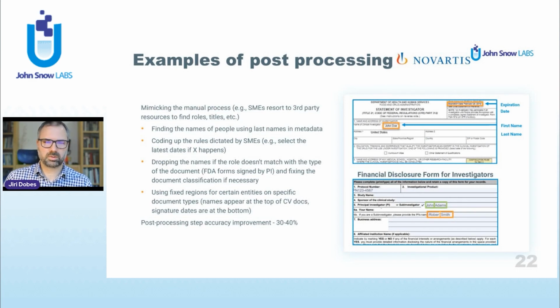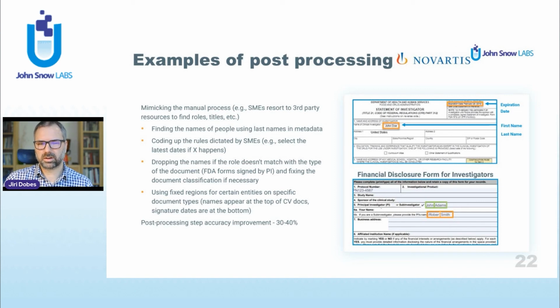I would like to show you some examples of the post-processing rules, what in particular was used at Novartis. So we found the names and compared them with the names already existing in metadata.